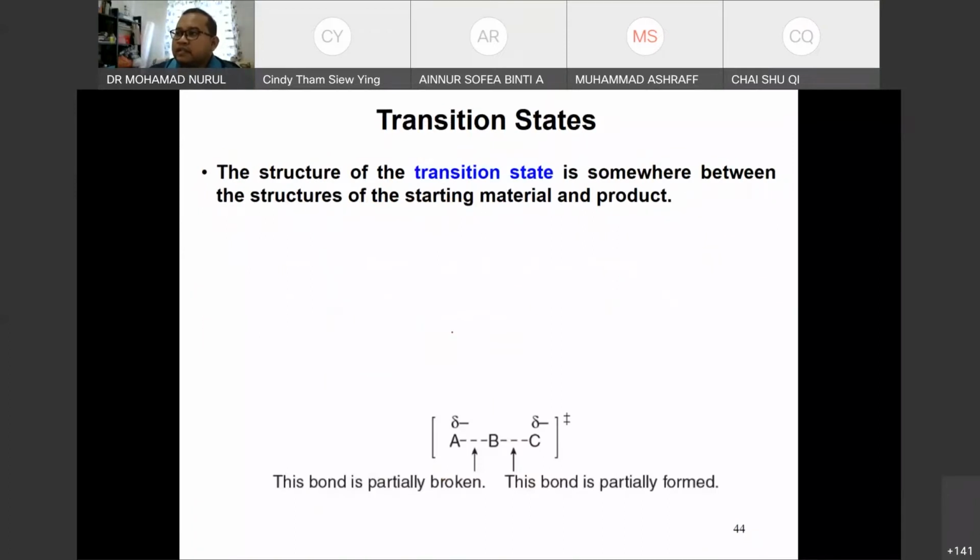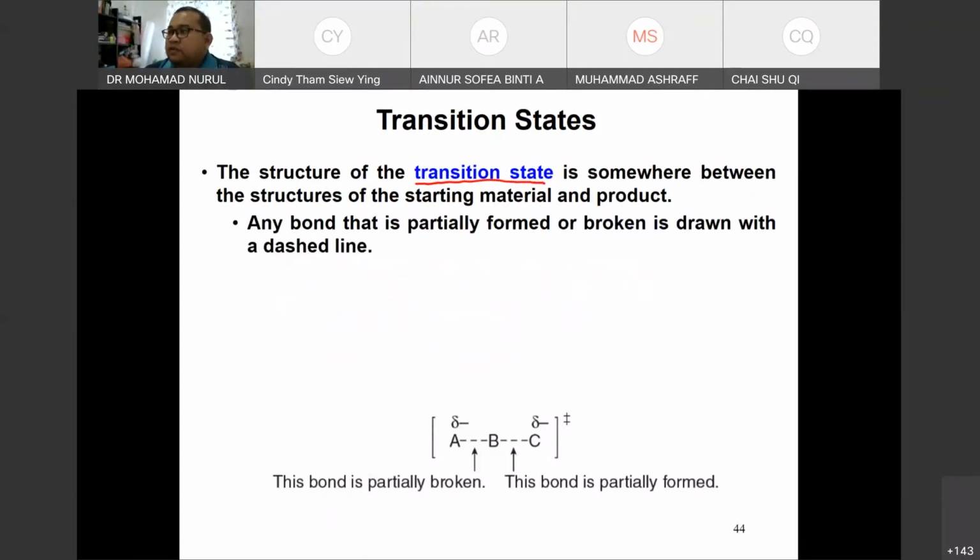So the structure of the transition state is somewhere between the structure of the starting material and the product. It's in between. And any bond is partially formed. This is the partial structure. This one is partially broken, this one is partially forming.